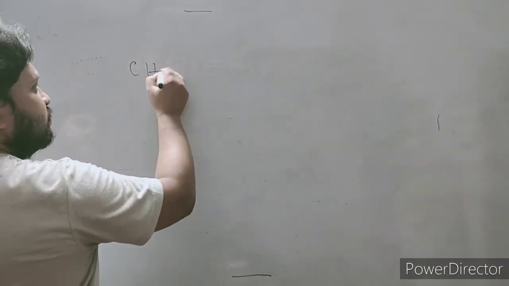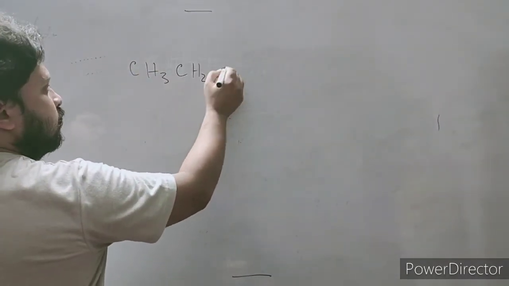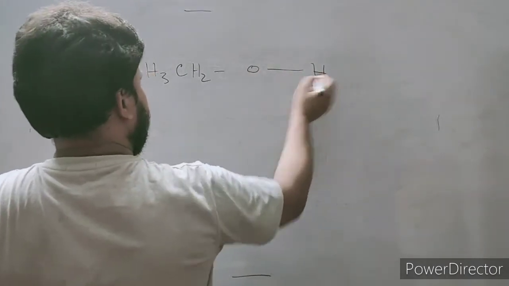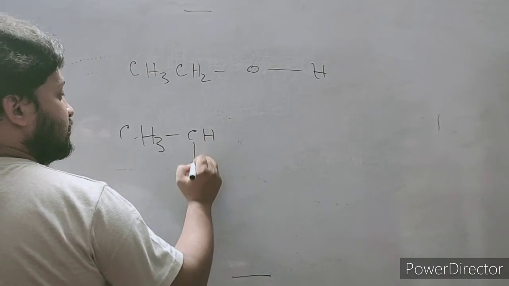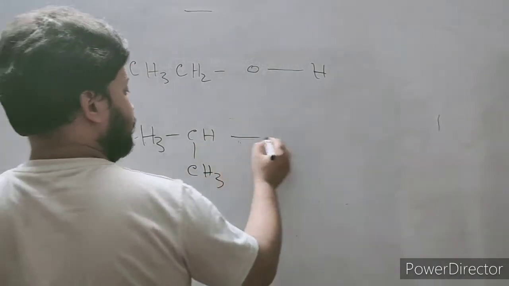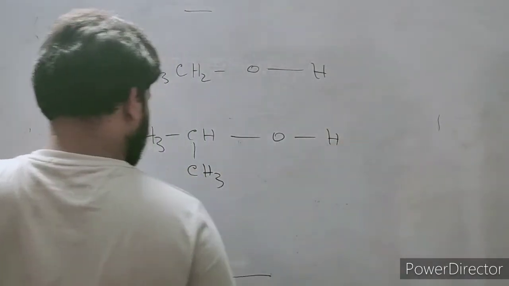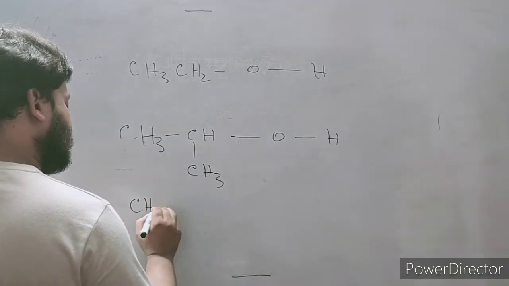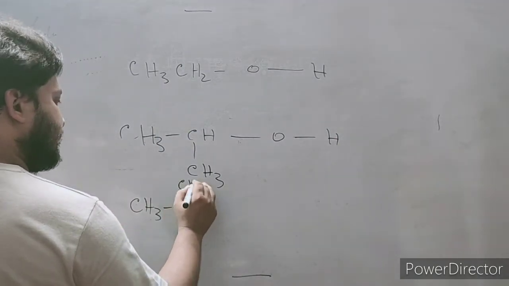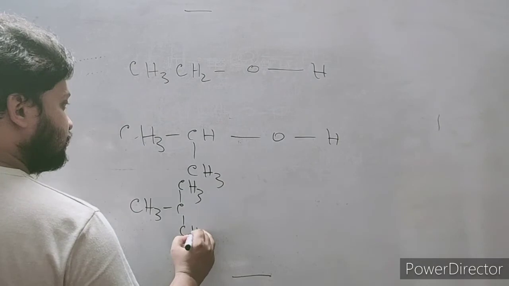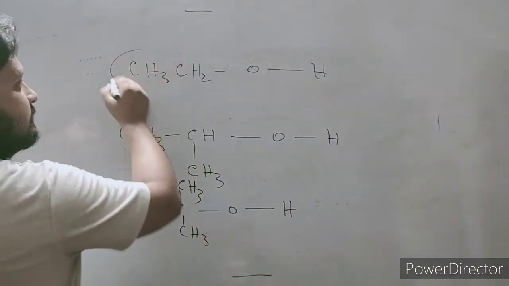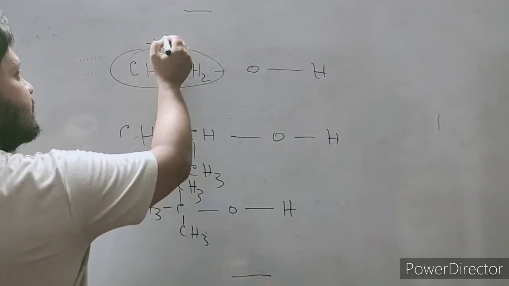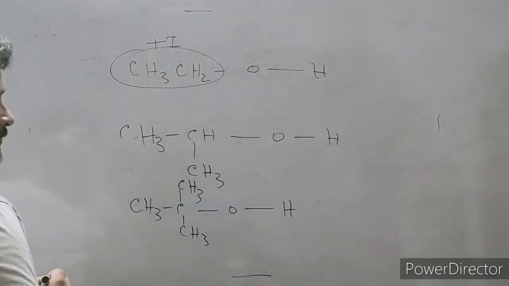And the last example. This is CH3CH2OH, or you can say CH3 CH3OH. So CH3 and CH2 form a plus I effect.